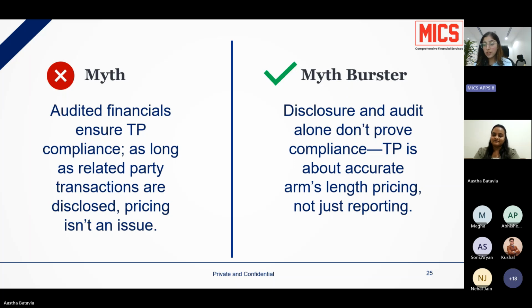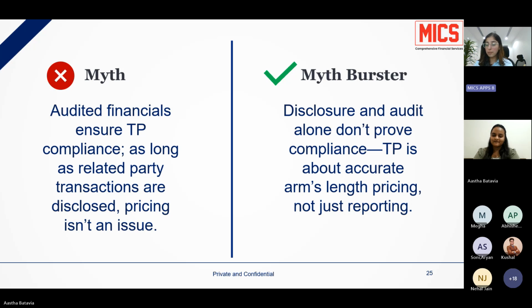So we need to make sure that whatever is reported in the financial statements, you are in a position to conduct your TP exercise before your audit, and if you have already given those TP reports to your auditor, because I'm sure your auditors must be asking you this question: have you done a transfer pricing impact assessment?